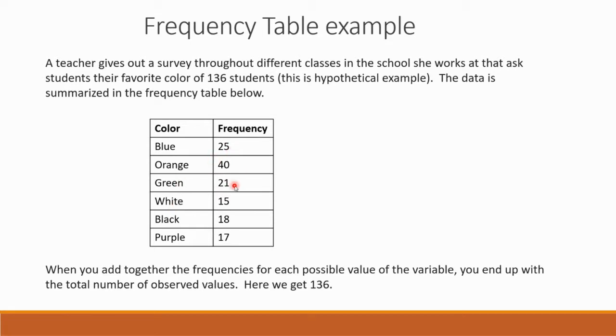We have a frequency table, though, as you can see. Of all the students, 25 of them said blue, 40 of them said orange, and so on. This is our frequency table.